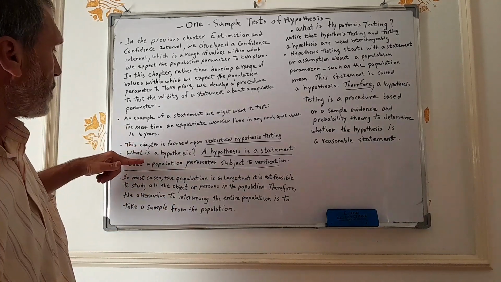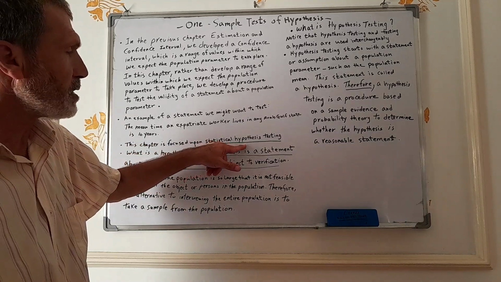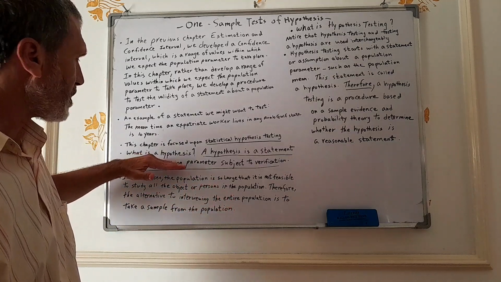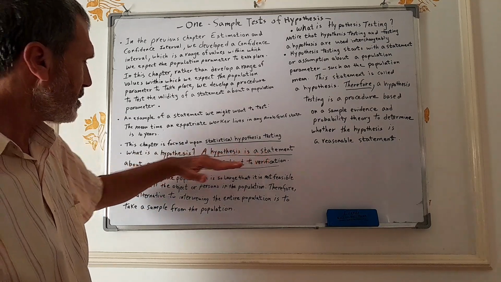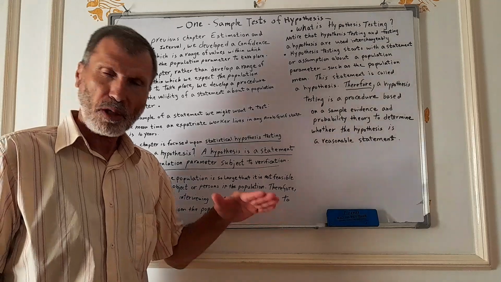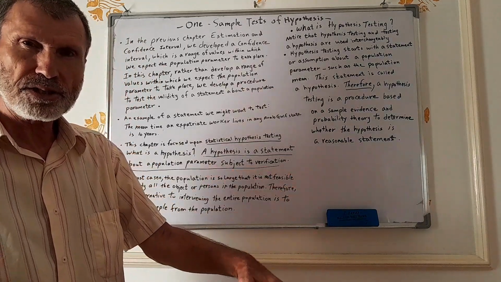So in this chapter, we're going to focus on statistical hypothesis testing. What is a hypothesis? A hypothesis is a statement about a population parameter, like the mean or the standard deviation.